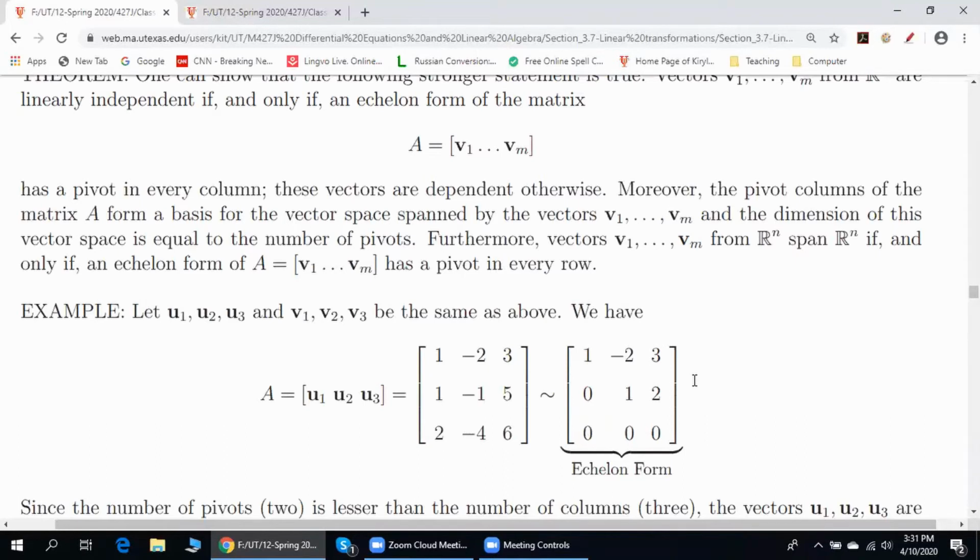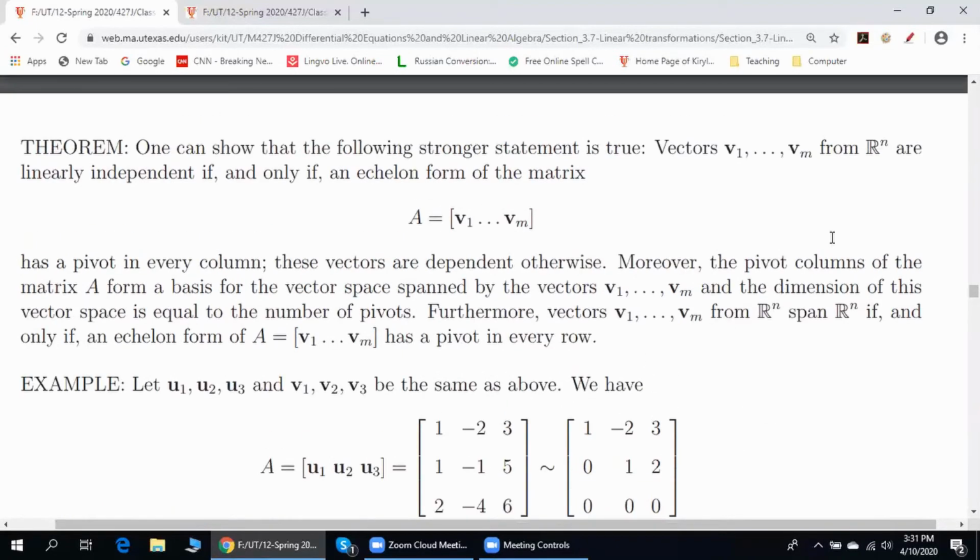If the number of pivots is lesser than the number of vectors, vectors are dependent. If the number of pivots is equal to the number of vectors, vectors are independent. Then location: pivot columns of the original matrix form a basis. Lastly, if we have a pivot in every row, these vectors span Rn. Was that your question? Yes.